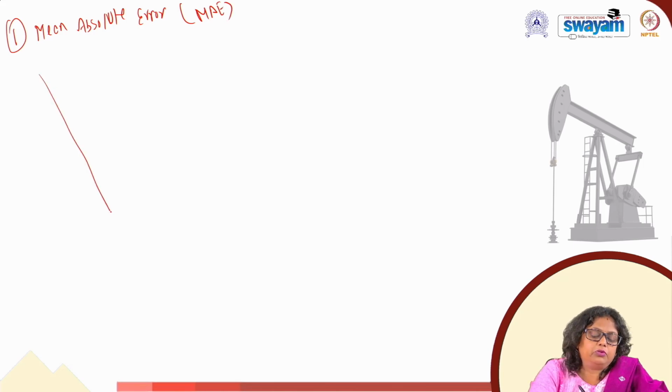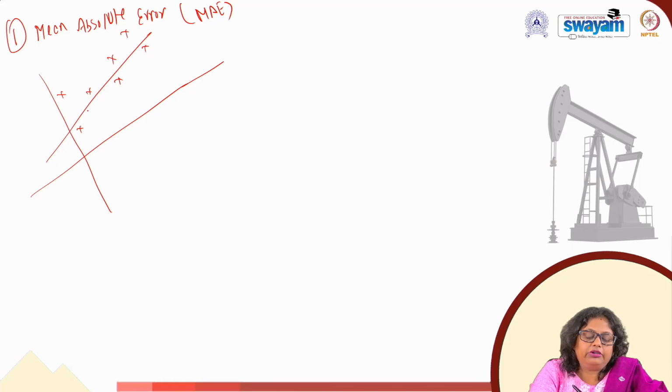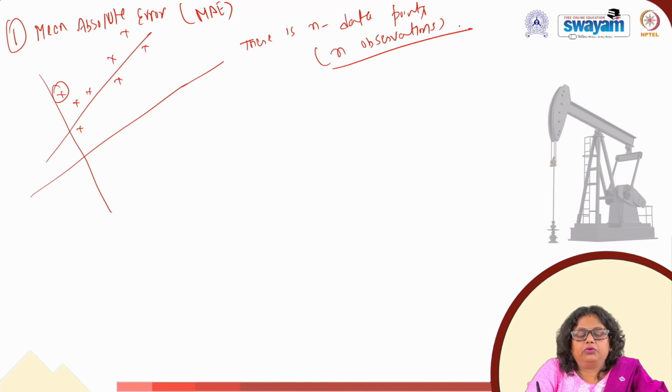How should it be? Just take this line here, and these are my data points. Assume there are n data points, or n observations.